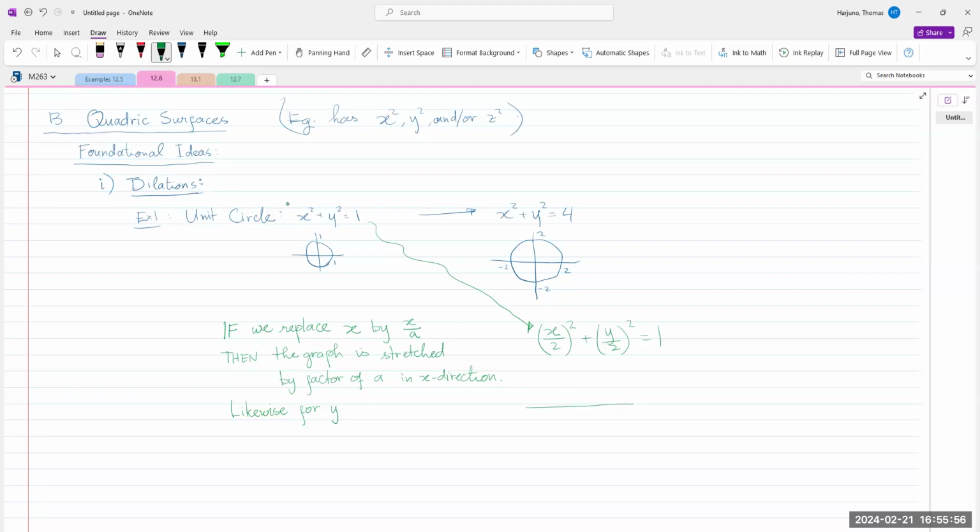That unit circle, originally radius 1, now becomes, you stretch in the x direction by a factor of 2, you stretch in the y direction by a factor of 2, you come up with a circle with radius 2. Now this equation, however, becomes x squared over 4 plus y squared over 4 equals 1, which is the same as this one.